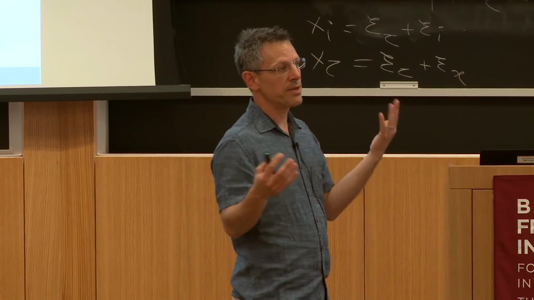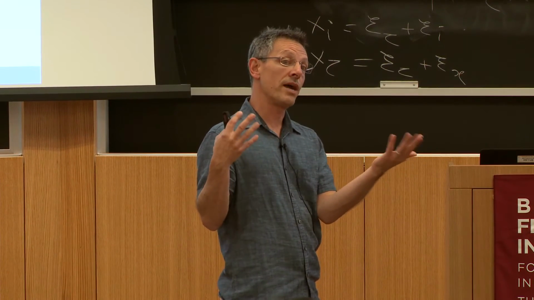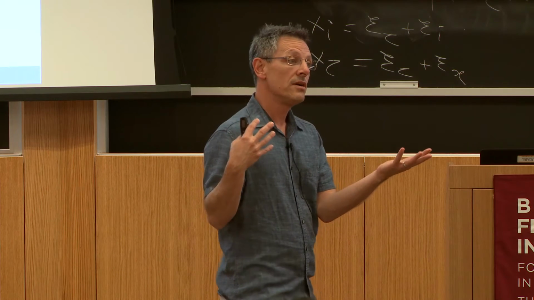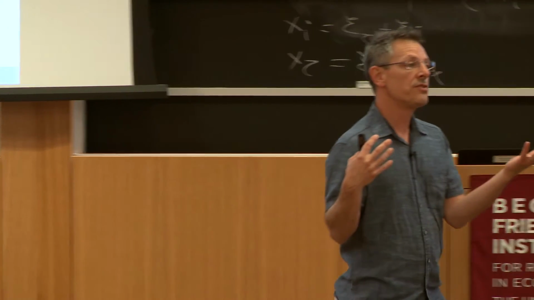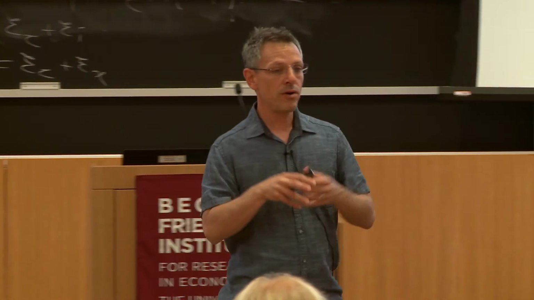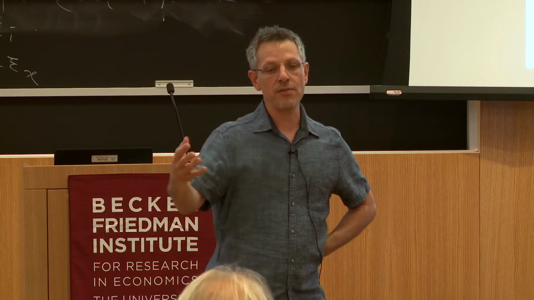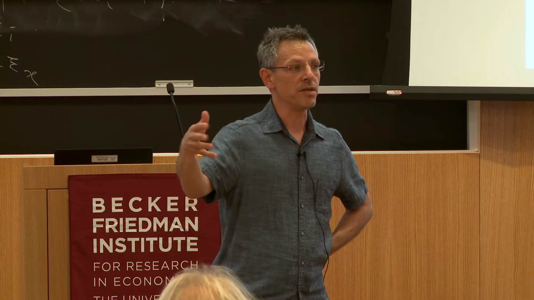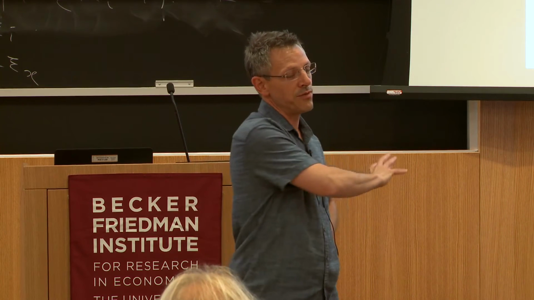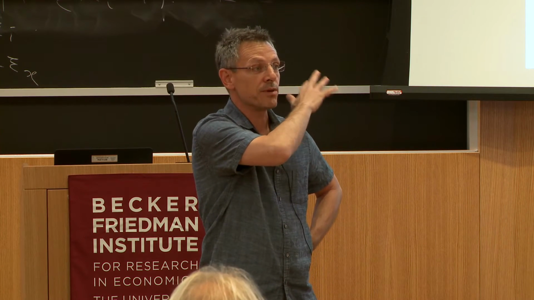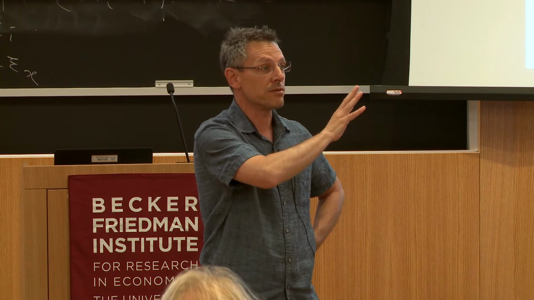Okay, so let me just say at the beginning, there's two ways that one might approach a problem like this. One is to talk about how each agent will respond to his beliefs and higher order beliefs, and then think about the principal managing those beliefs and higher order beliefs. That would be the direct analog of the way I analyzed the dynamic persuasion problem in the single agent case.